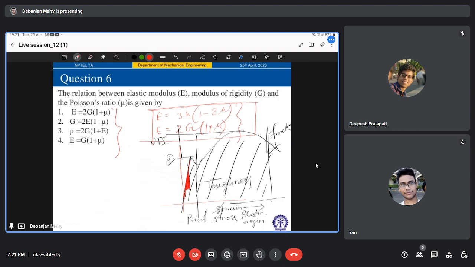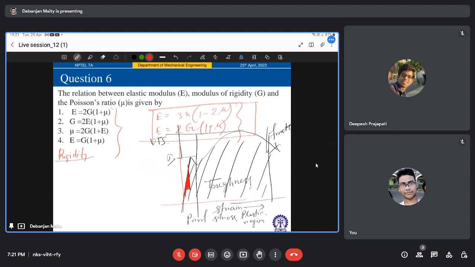Then you have this rigidity or stiffness, which is the amount of stress that the material can withstand.